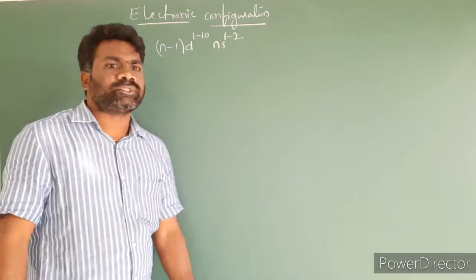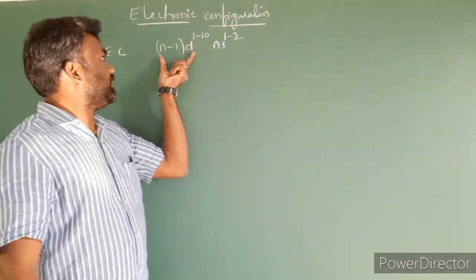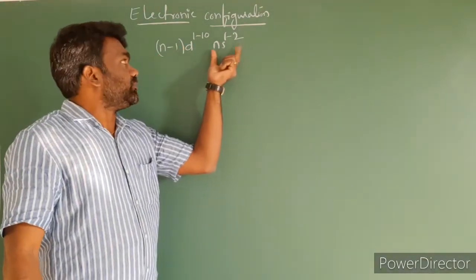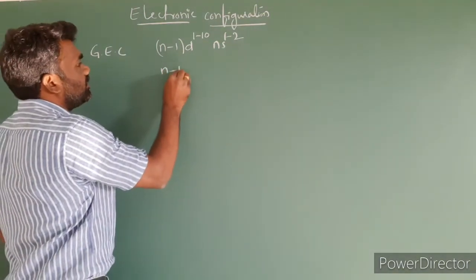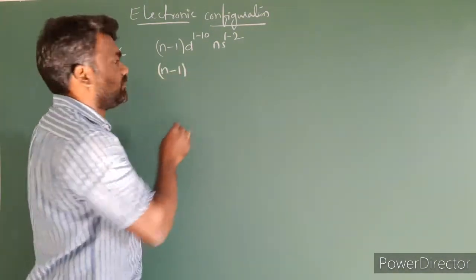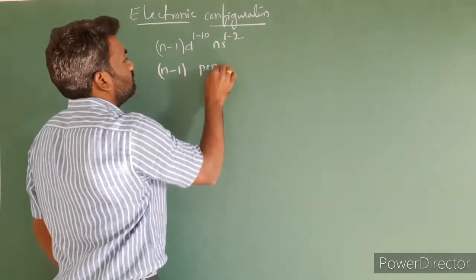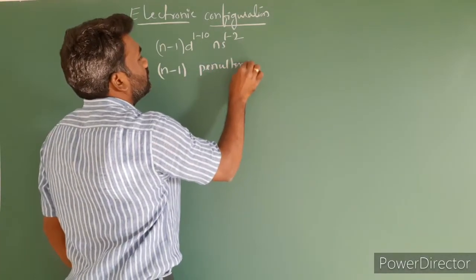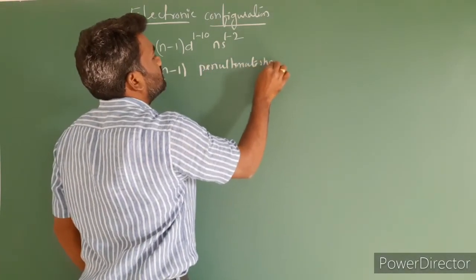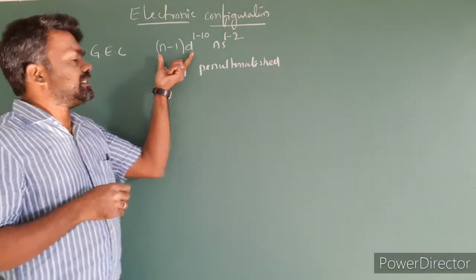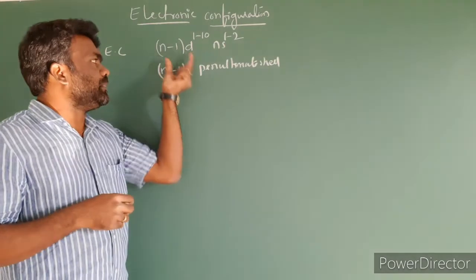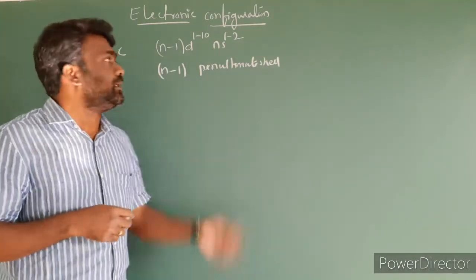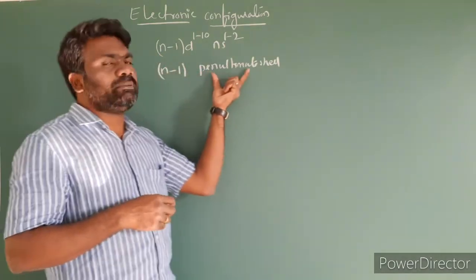The general electronic configuration of d block elements is (n-1)d 1 to 10 electrons, ns 1 to 2 electrons. Here n-1 stands for the penultimate shell. (n-1)d stands for the penultimate shell d orbital.